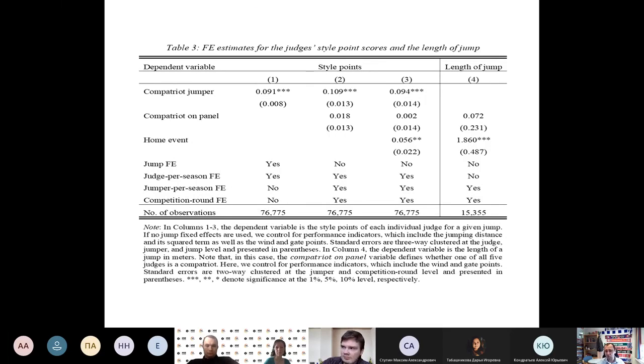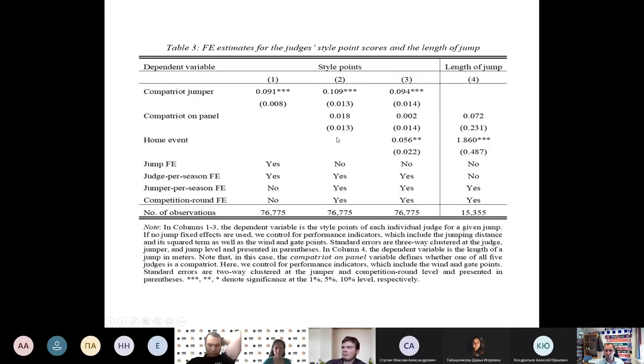Okay, so these are the results. We can see that by using jump fixed effects, a jumper receives 0.9 points more from a compatriot judge than from non-compatriot judges. And this is the strongest result. This controls for jump fixed effects.